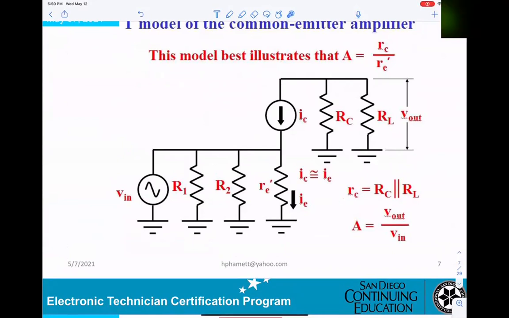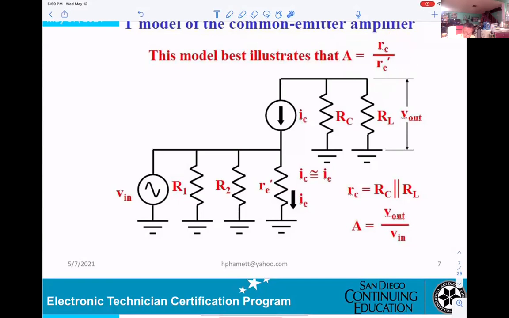And I noticed up top, you can use the little rc divided by the r'e to get the gain. Okay, now the r'e, what's the deal on that? Is that in parallel with R1, R2? That doesn't matter. You have to do the calculation to come up with this formula.